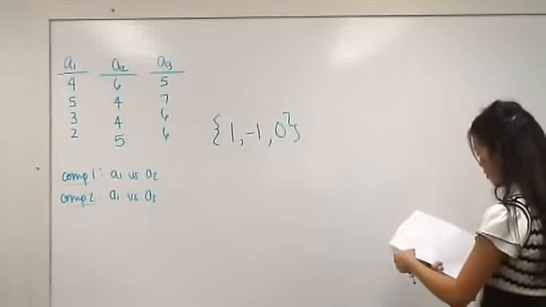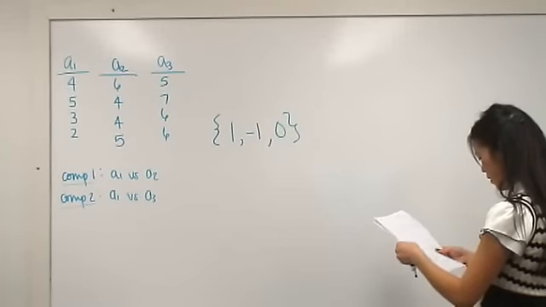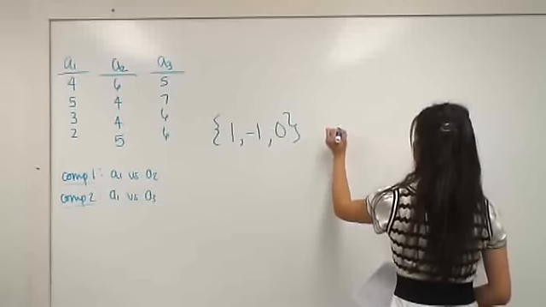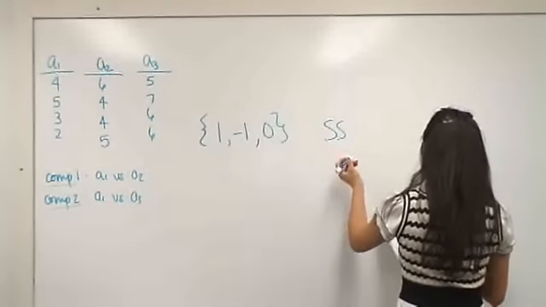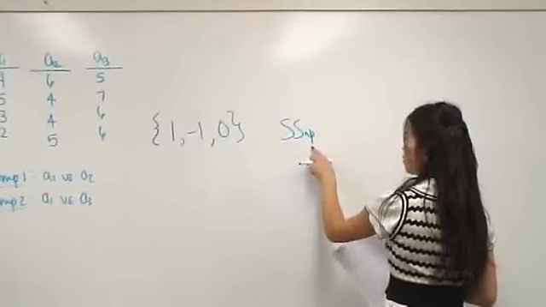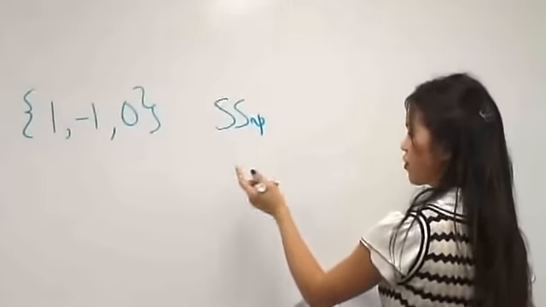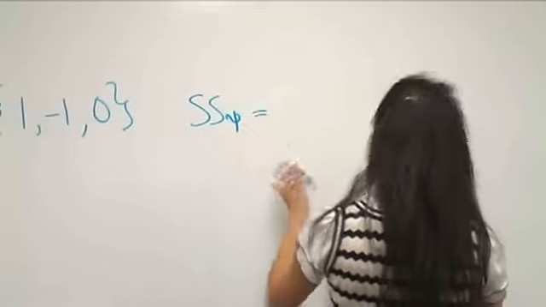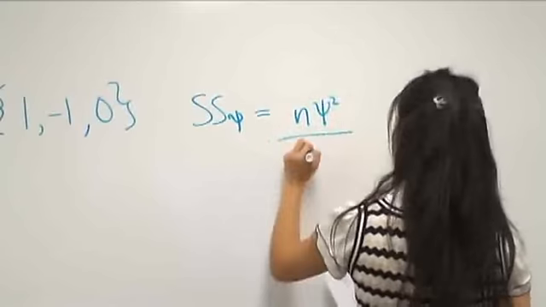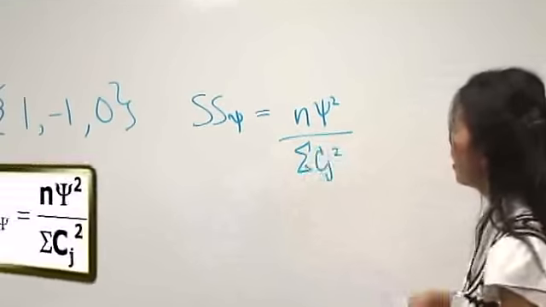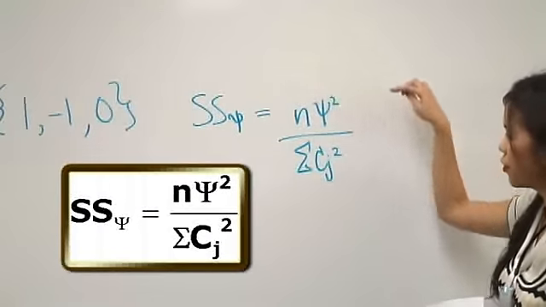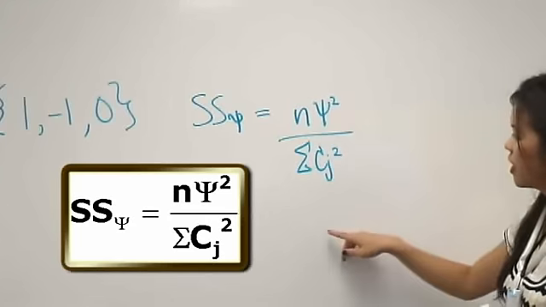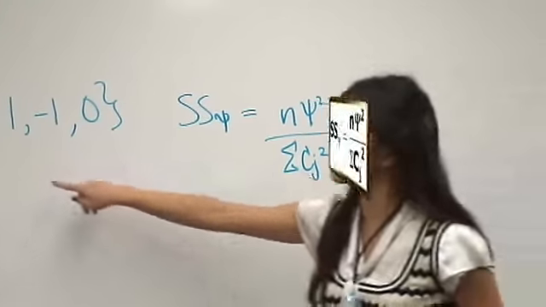I have specific equations that the book gives you. The first one that you need to know is the sum of squares. Psi is the little notation that we use for the single degree of freedom comparisons. N is equal to the number of subjects per group. Psi is what we're going to find, and this is divided by the sum of all of our coefficients squared.